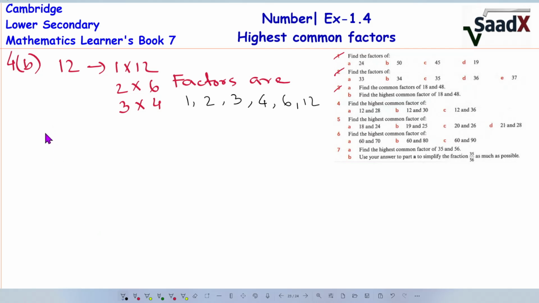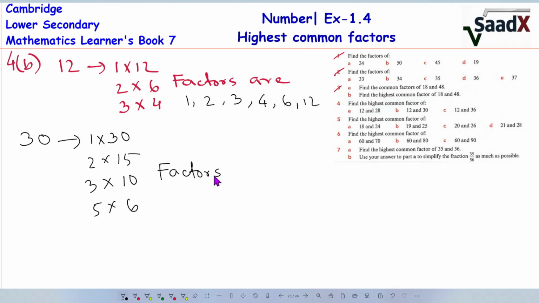Then we will find out factors of 30. 30, 1 times 30, 2 times 15, 3 times 10, 5 times 6. So factors are 1, 2, 3, 5, 6, 10, 15 and 30.